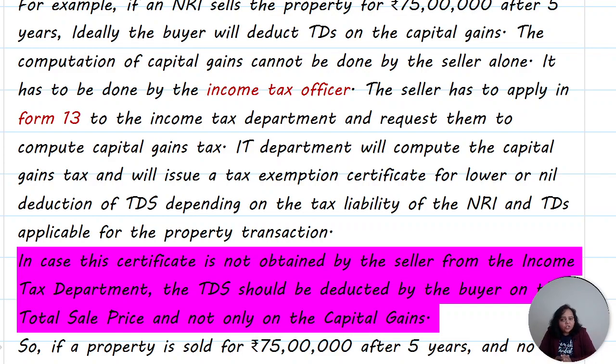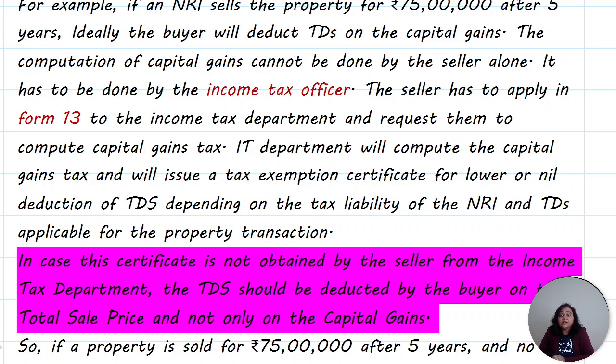Now, how much tax should the buyer deduct at source? Ideally, he should deduct tax on the capital gains that is made. How are capital gains calculated? We had seen earlier. So, ideally, on those capital gains, the buyer has to deduct TDS and file a return and deposit the money with the income tax department.